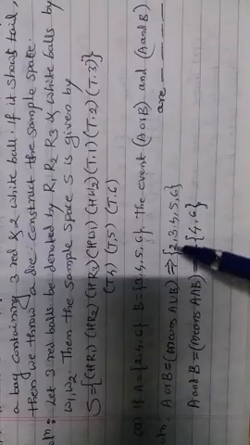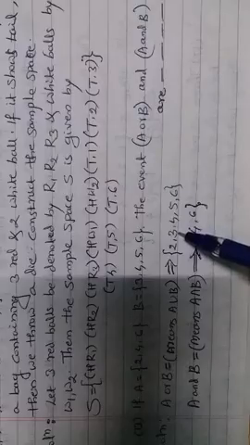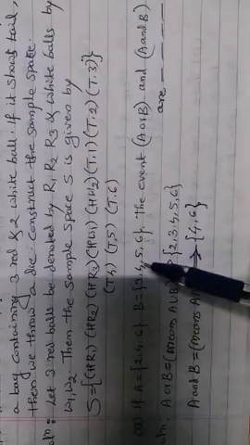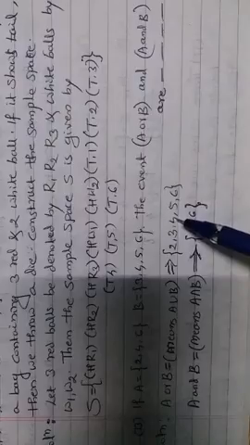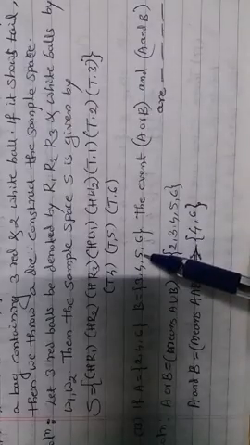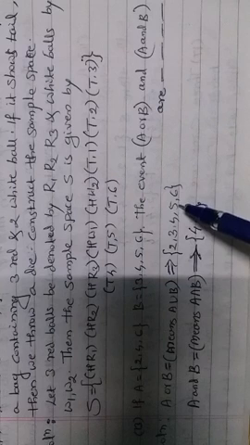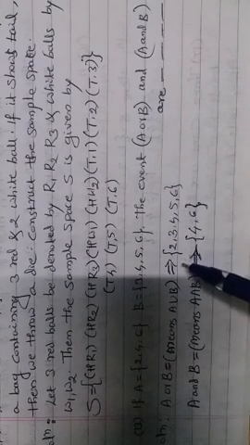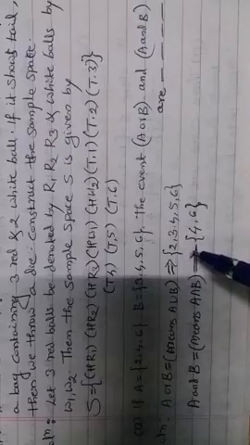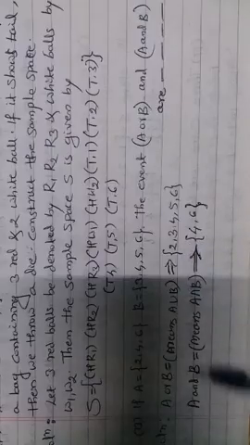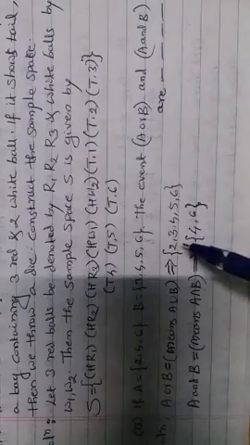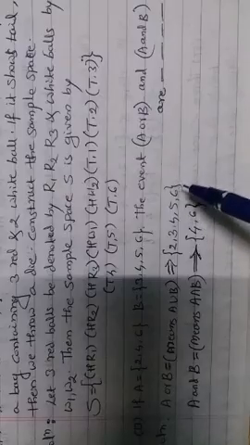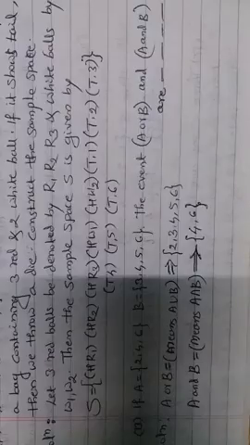Then 3 is a new element, hence we have to add it. 4 already came, need not write again. Then 5 is a new element, write it here. 6 already came. Hence, A union B, which implies A or B, equals 2, 3, 4, 5, 6. This is the event A or B.